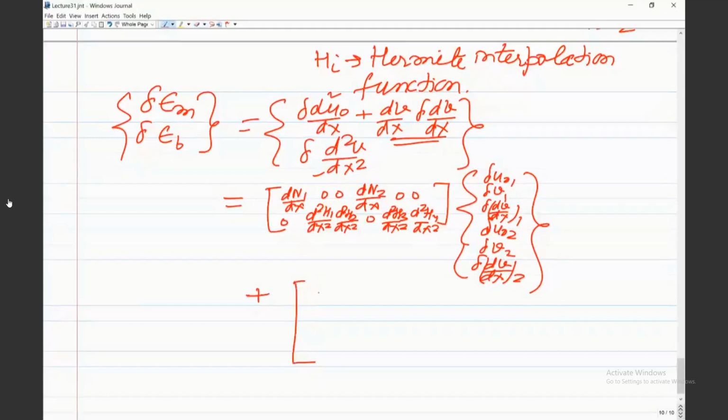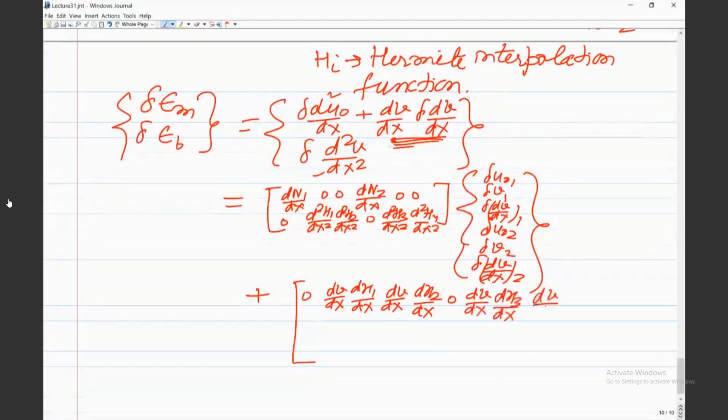Here we have only the v term, so 0, and then we will have dv by dx into dh1 by dx, then again dv by dx into dh2 by dx, then again 0, and then again dv by dx into dh3 by dx and dv by dx into dh4 by dx.